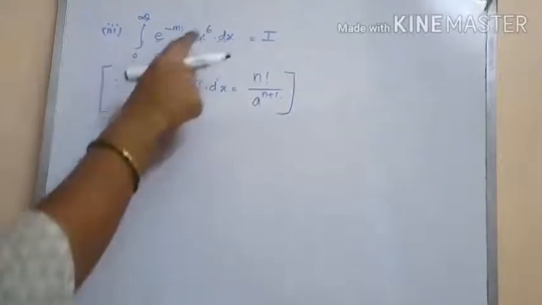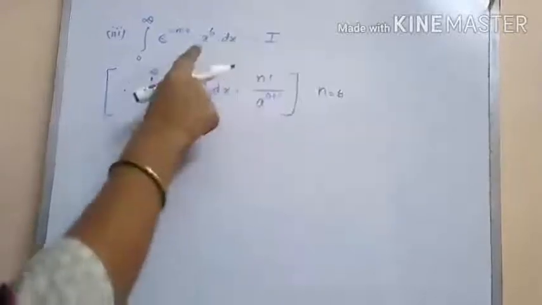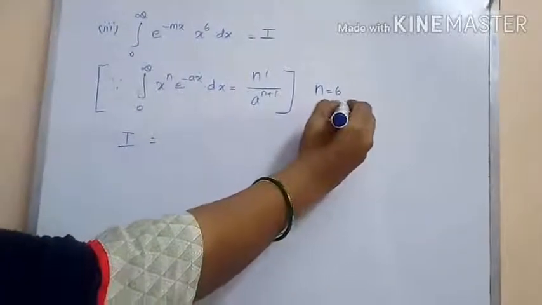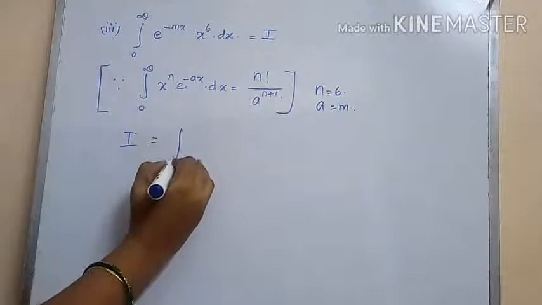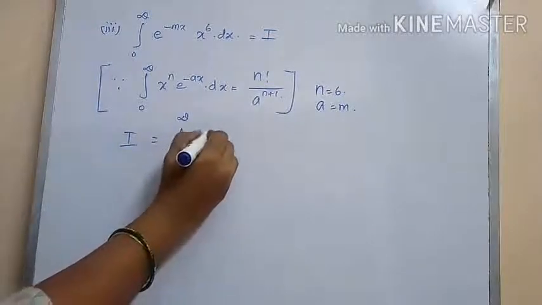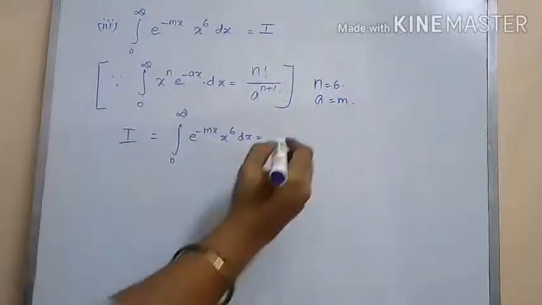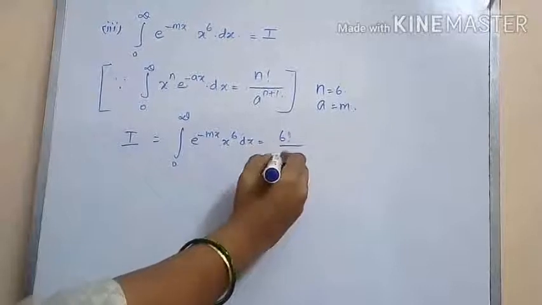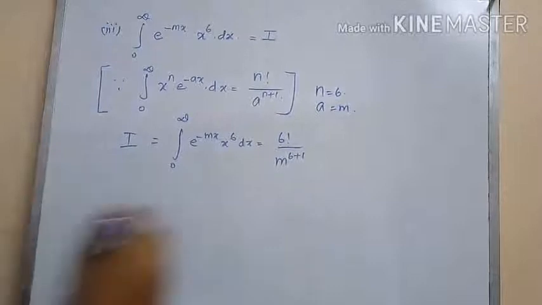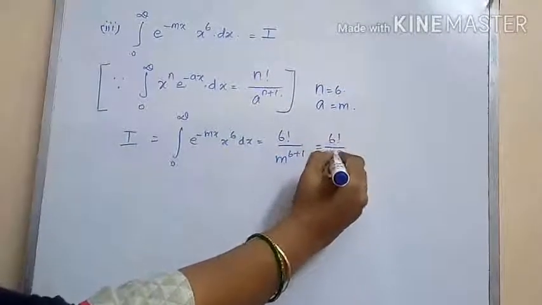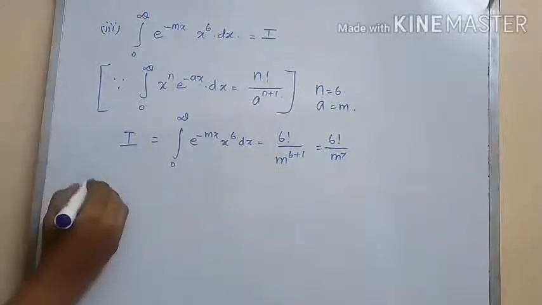Here in this we have n is equal to 6 and a is equal to m. So integral of 0 to infinity e to the power of minus mx into x to the power of 6 dx is equal to 6 factorial by m to the power of 6 plus 1, which is 6 factorial by m to the power of 7. This is the answer.